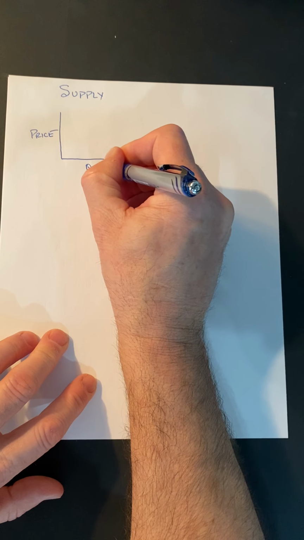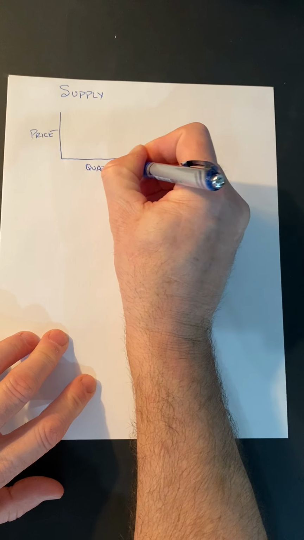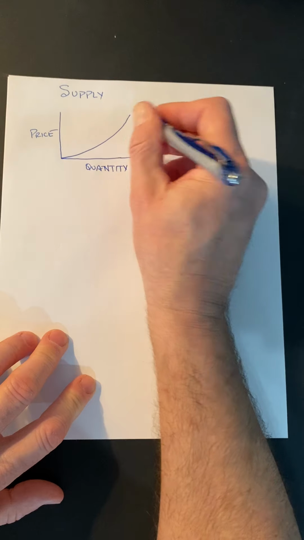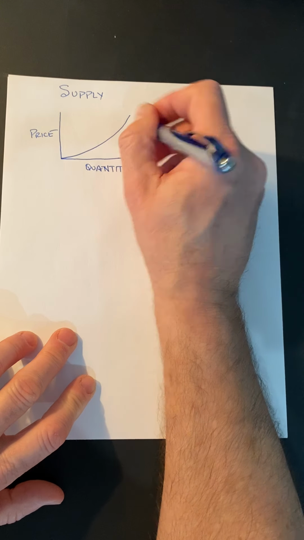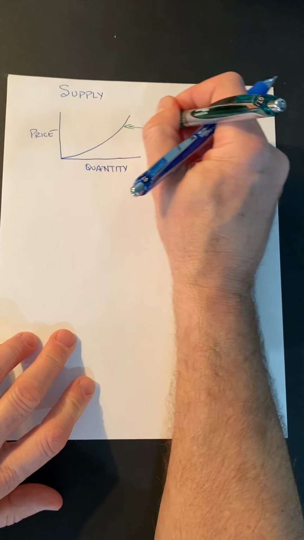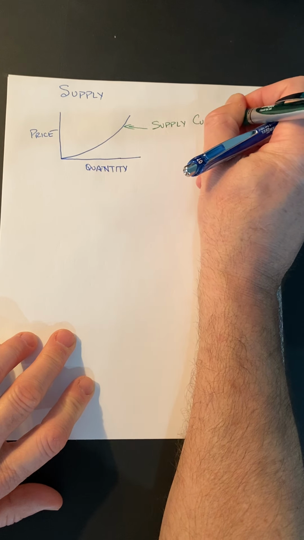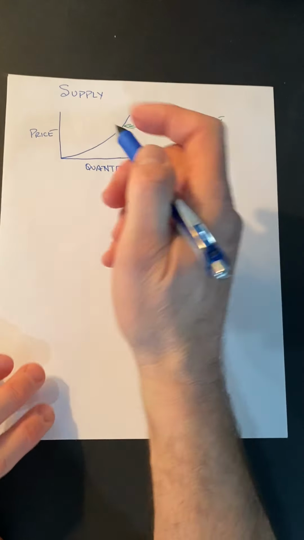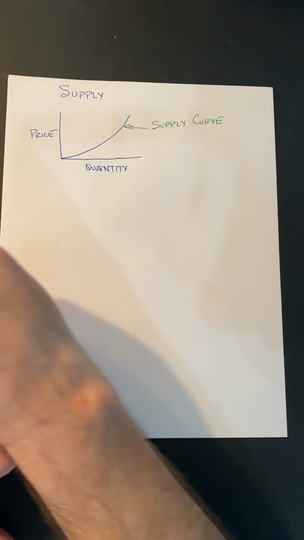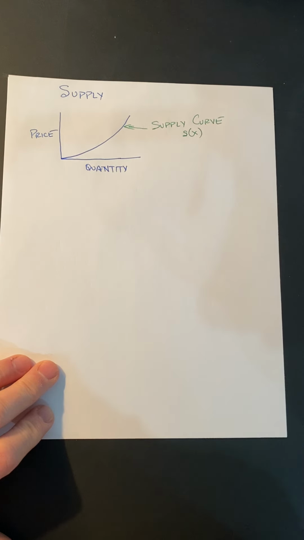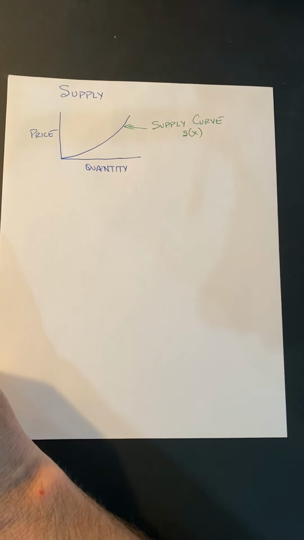Price, quantity, and here is my supply curve. Okay? And the supply function S of x for my curve here, right? S of x is going to tell me exactly the price at which x units will be supplied, okay?